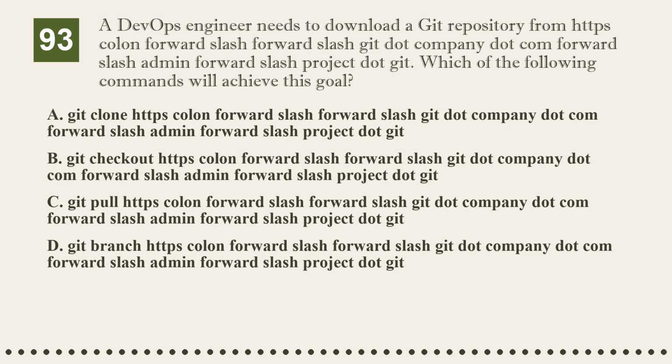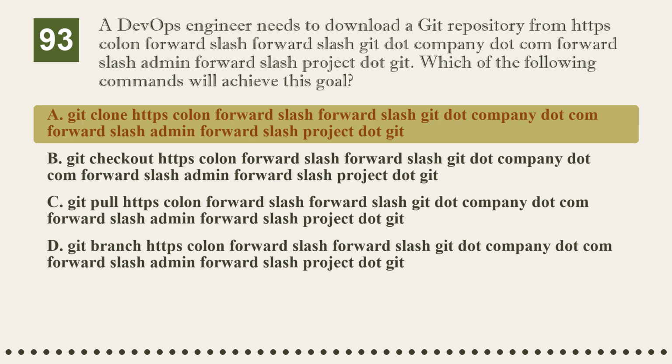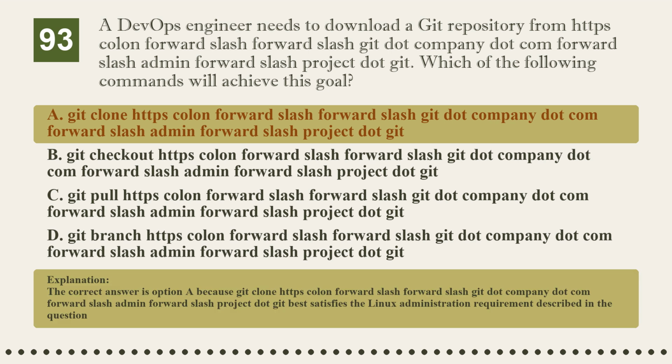Option D. git branch. The correct answer is option A, git clone https://git.company.com/admin/project.git, because it best satisfies the Linux administration requirement described in the question.